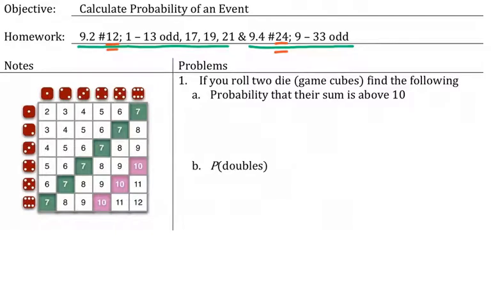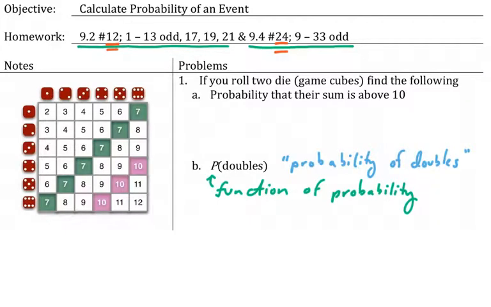Instead of an f, it's a P, and so this is the function of probability. So if you ever see a capital P in this type of context, that's what you're looking at. So just a shorthand way of saying what's the probability of doubles.